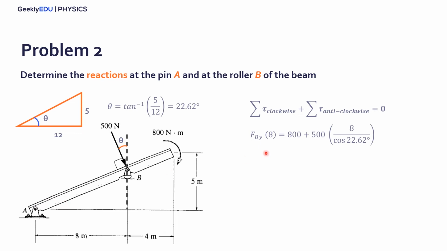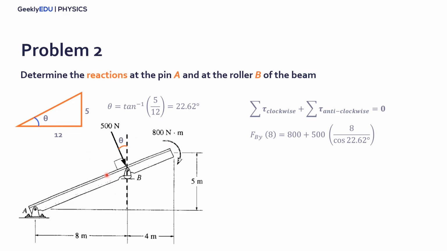Because we're dealing with the Y component, we have 8 divided by cosine of 22.62. These forces are making a torque that makes the beam move in the clockwise direction, right?